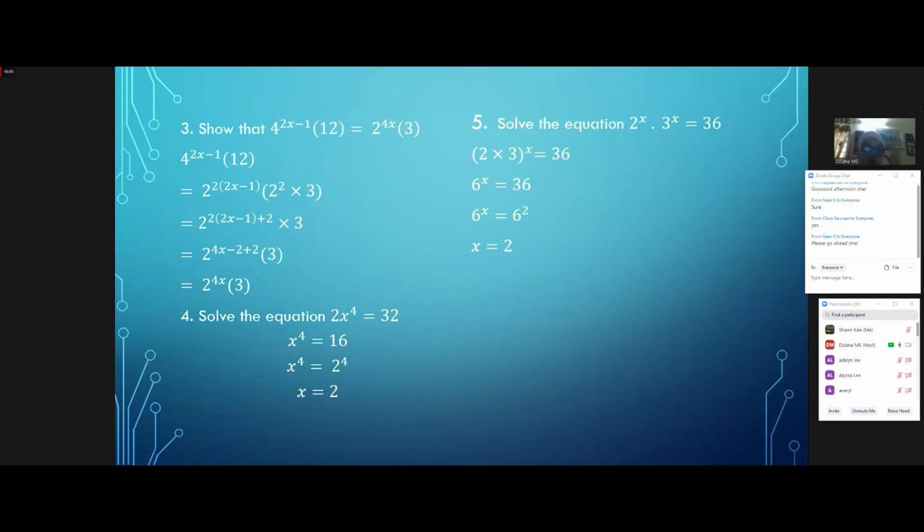So far any question on index? I think for index is quite okay because you have already learned this when you were in Form 3, I think. No? Why no? Can I just proceed to log? Yeah, I proceed to log.